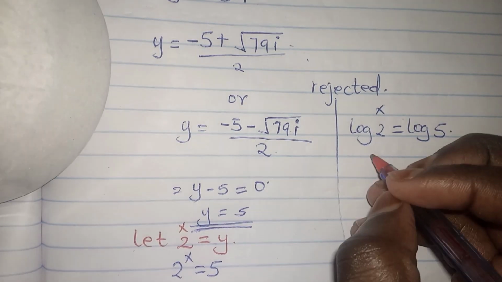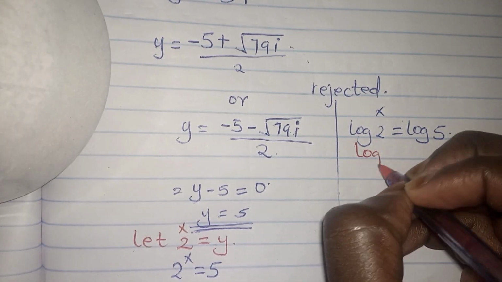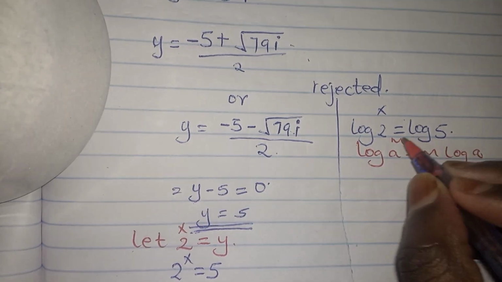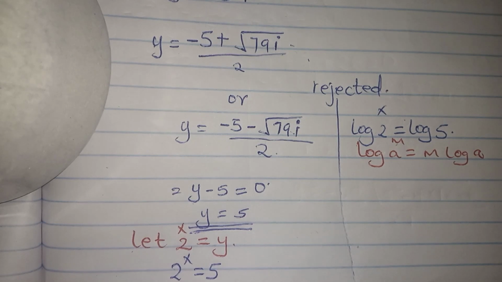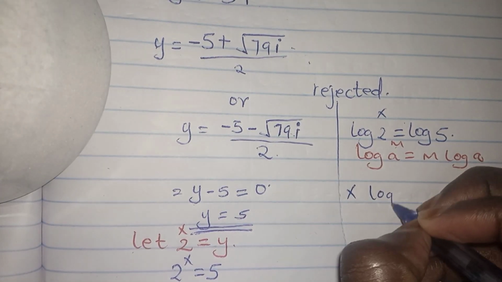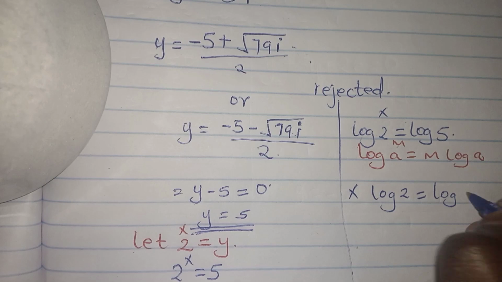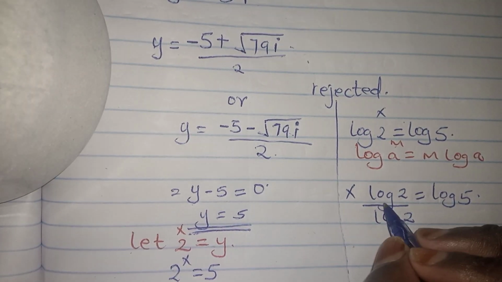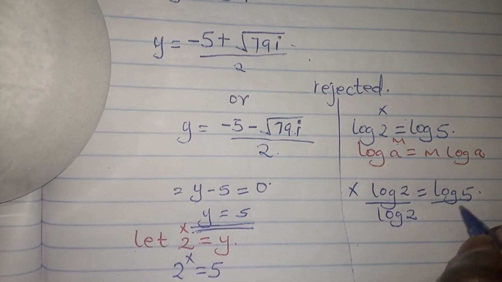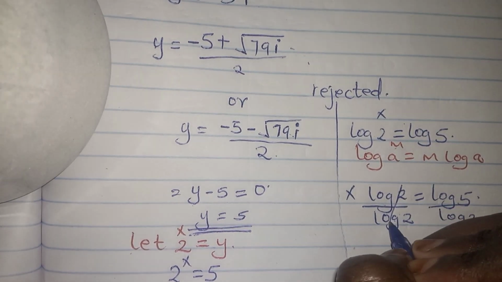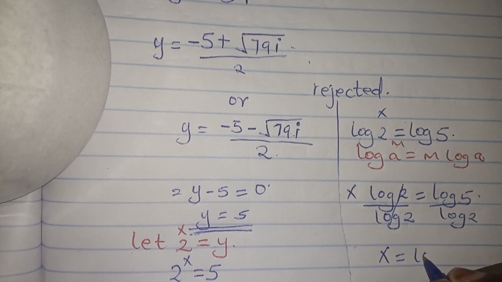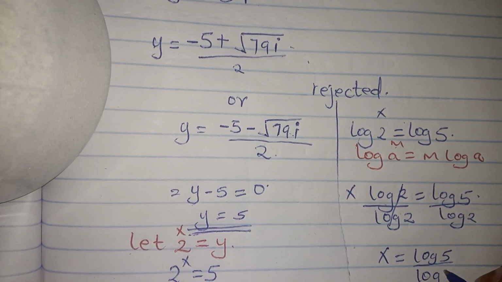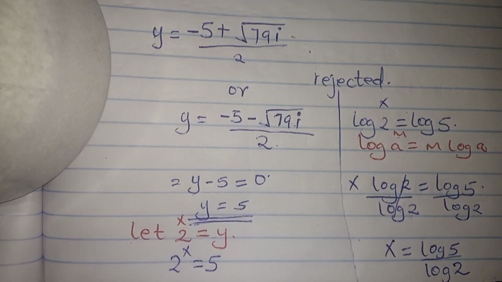Using this rule of logarithms, where log a to the power of m is equal to m log a, bringing this power before the log, this will be x log 2 is equal to log 5. We divide both sides by log 2 to remain with x. So this will cancel. x is equal to log 5 over log 2, right?